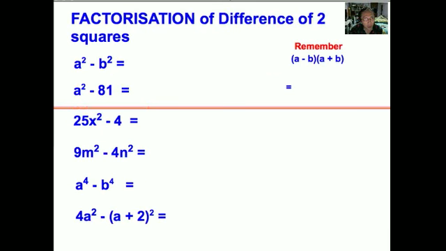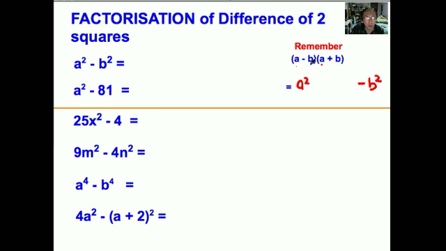We'll now take a look at factorizations of the difference of two squares. Now we remember that in expansion, when we multiply the first term times the first term, we have a squared. And when we multiply the last term minus b times b, we get minus b squared.